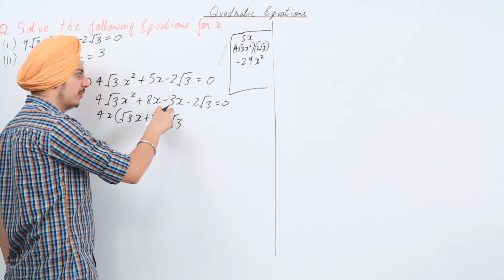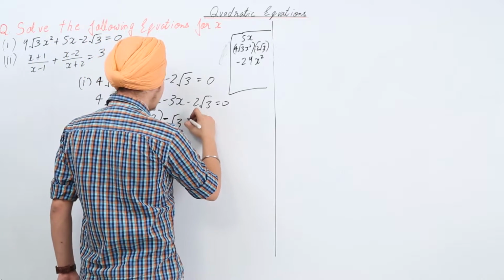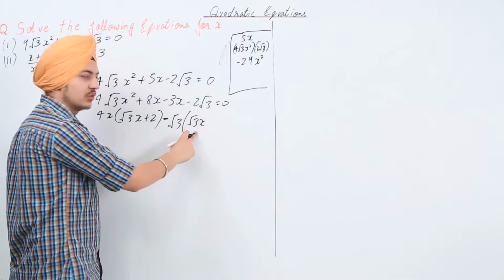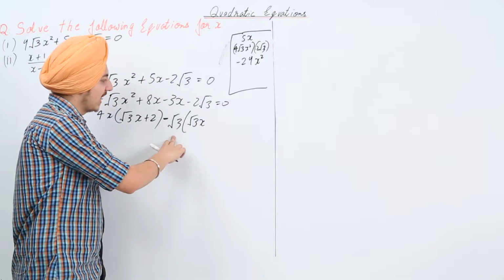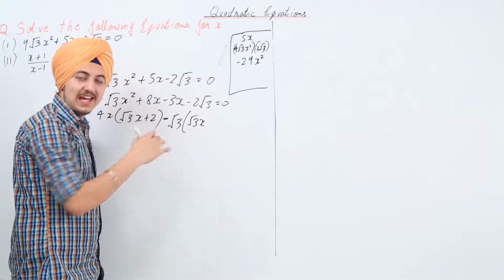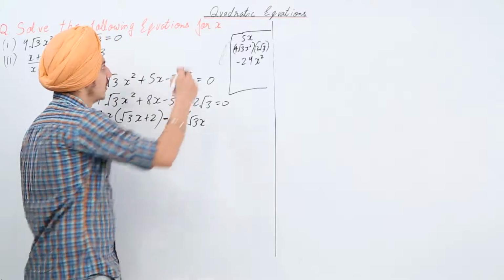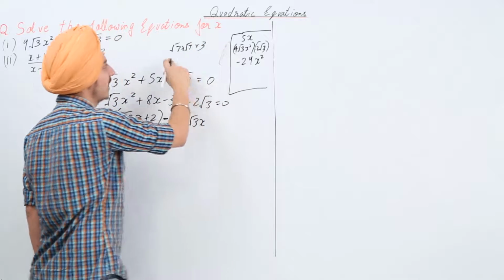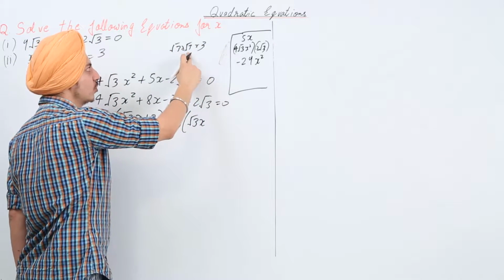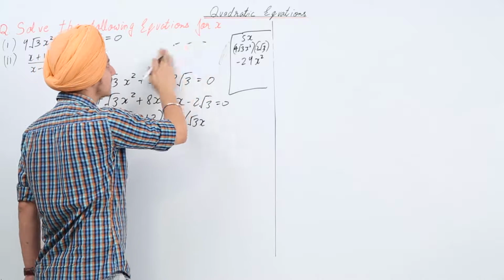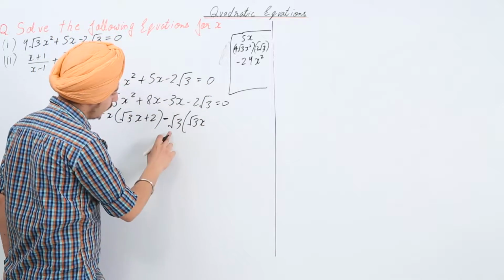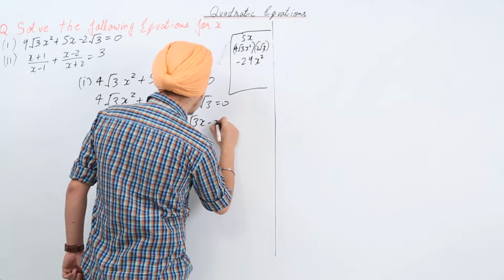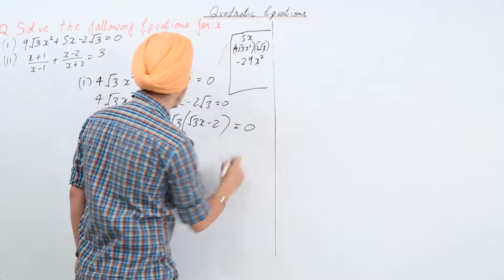If we take root 3 common from these two terms, we are left with root 3x, because root 3 into root 3 is 3. So root 3 into root 3x is equal to 3x. So we have root 3 into root 3x minus 2 equal to 0.